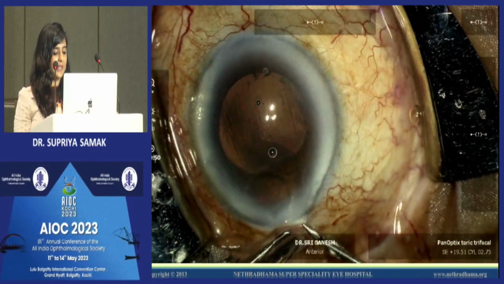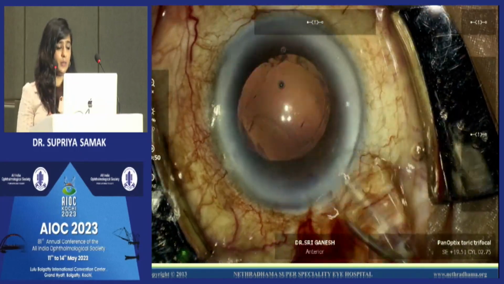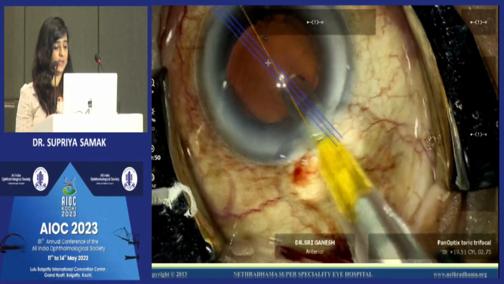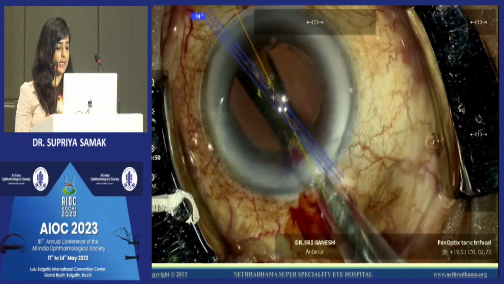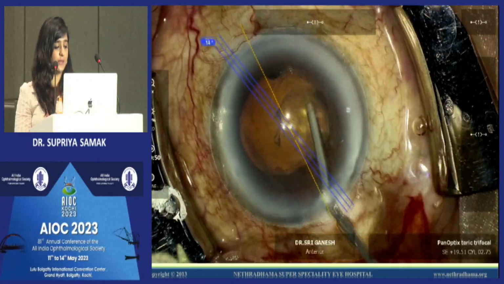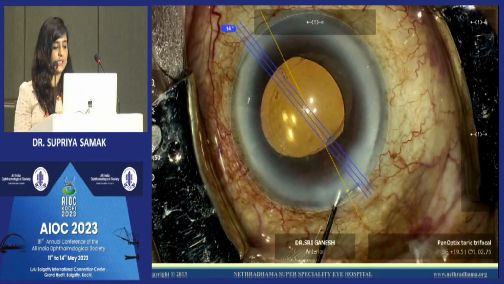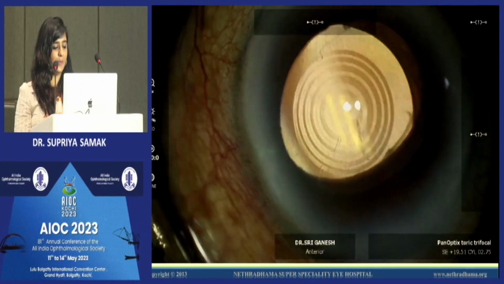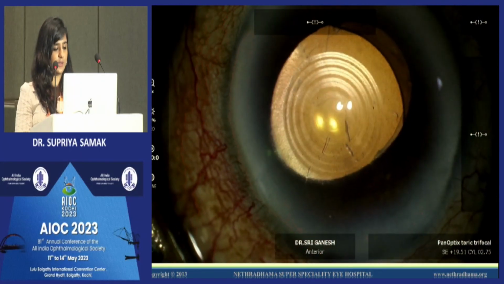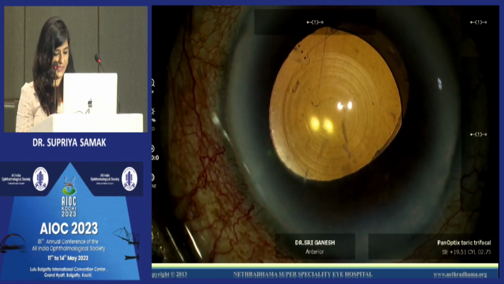The plate haptic lenses come out very easily, in a more non-traumatic fashion than the regular lenses. This is again a Panoptix toric trifocal which was implanted in this patient, and since this lens has loop haptics, it was well centered and did not show any rotation post implantation of this lens.